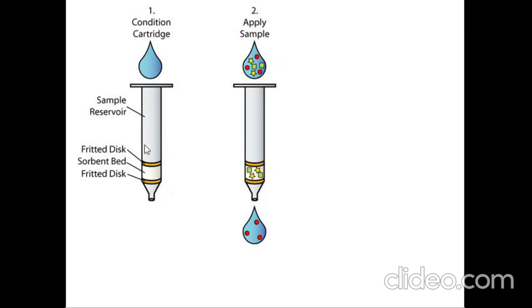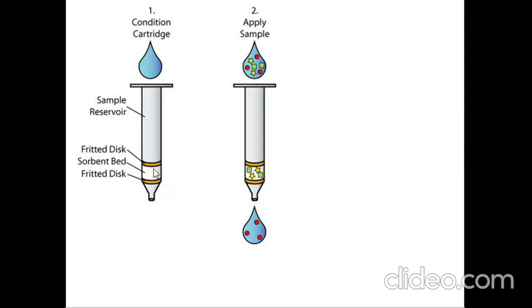So here we have the sample reservoir. That means you can add the mixture to the cartridge and it sits in this space, and the solid sorbent is placed here.